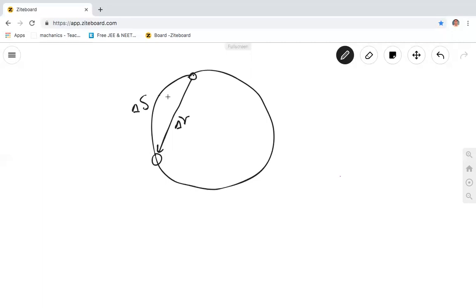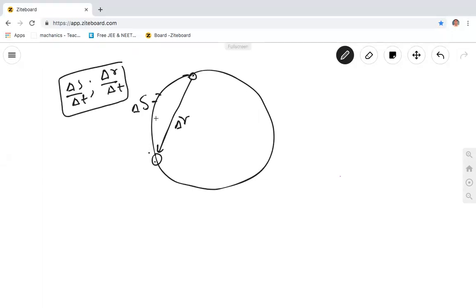I talk about part of a distance. If you are asked what is the average speed from this point to this point, it is delta S by delta T. If I ask you what is velocity from this point to this point, it is delta R by delta T.